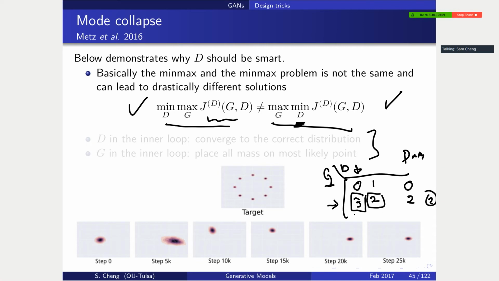And if G maximizes first, I will be taking this, which is 3 and 2. Okay, I cannot give you a good example here, but the inner loop is supposed to give bigger control of the game. So if you want to make something smarter, like the discriminator, you should put D in the inner loop.